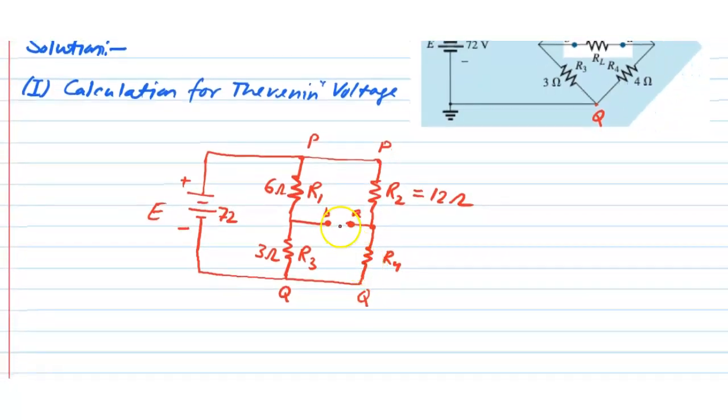So we have to find the voltage that appears between these two points. That voltage is the open circuit voltage, or ETH, and it is the difference between two voltages, that is, the voltage across this resistance and the voltage across this resistance.